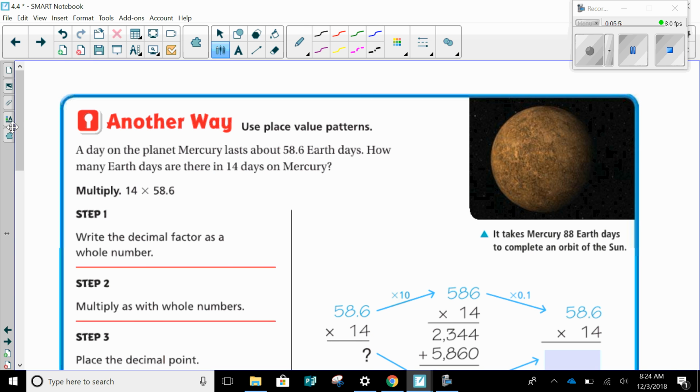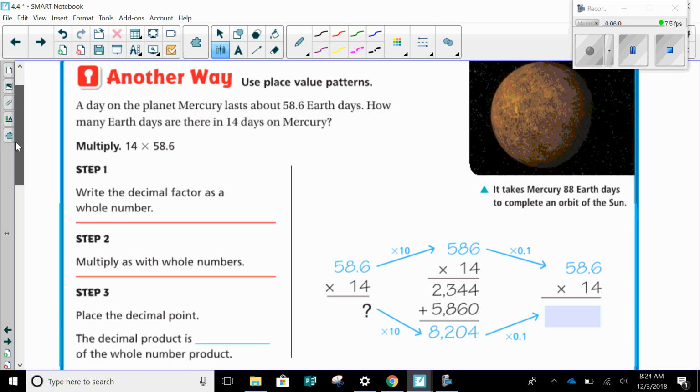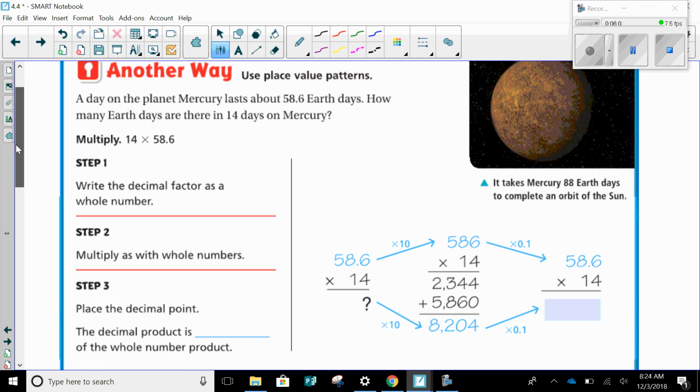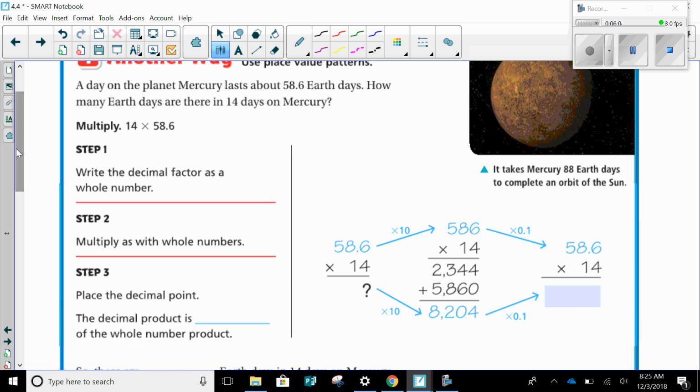So another way that you could do is use place value patterns. A day on the planet Mercury lasts about 58.6 Earth days. How many Earth days are there in 14 days on Mercury? So again, 58.6 Earth days is equal to 1 day on Mercury.